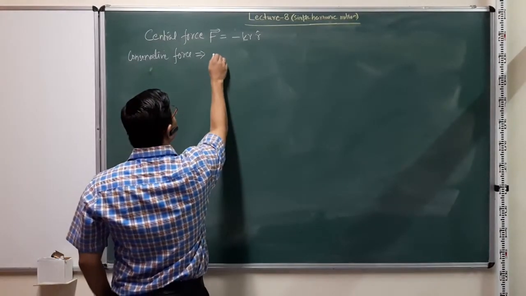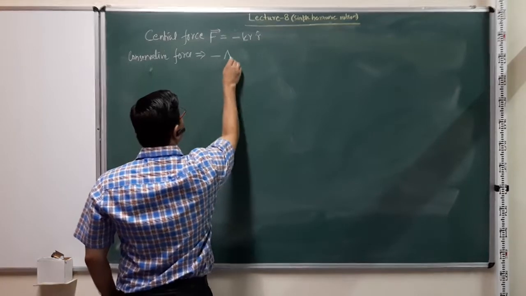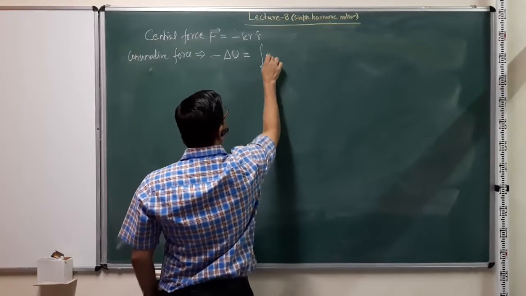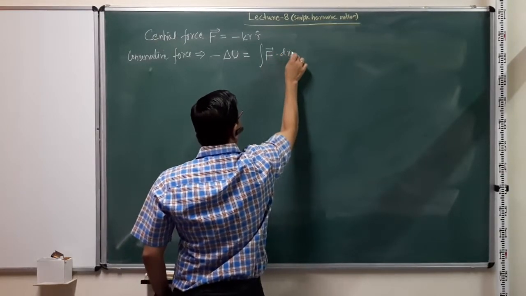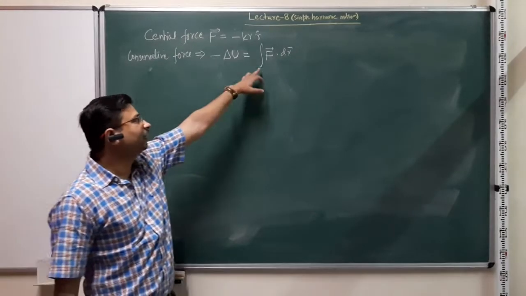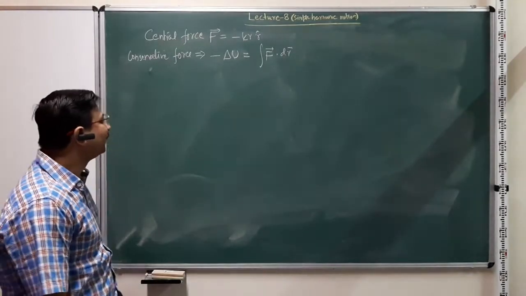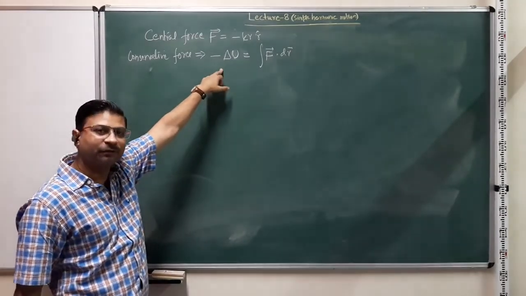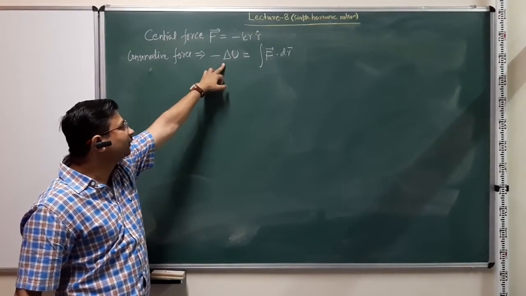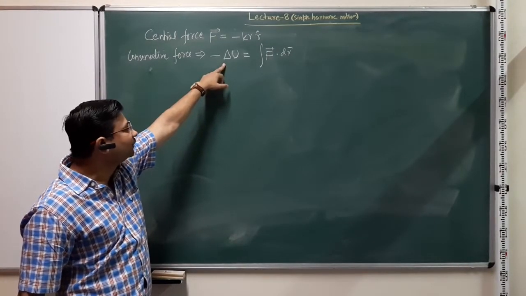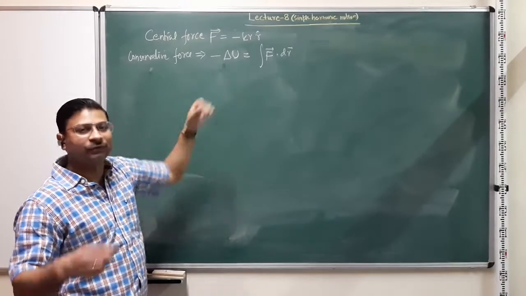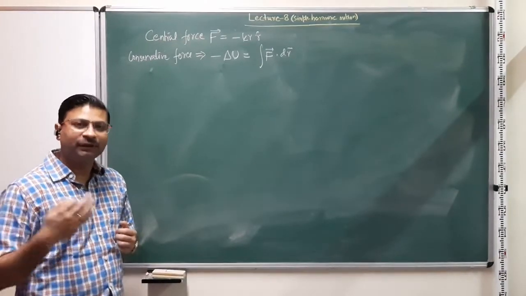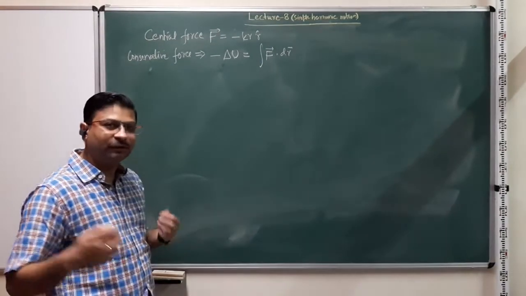So we normally wrote del U is equal to the path integral of F dot dr, and of course we know that the path integral is independent of the path taken. For the time being, we'll just recall from our previous knowledge that the potential energy is a scalar quantity whose absolute magnitude as such does not matter. The effect on the system is always seen in terms of differential potential energy at two different instances or at two different locations.